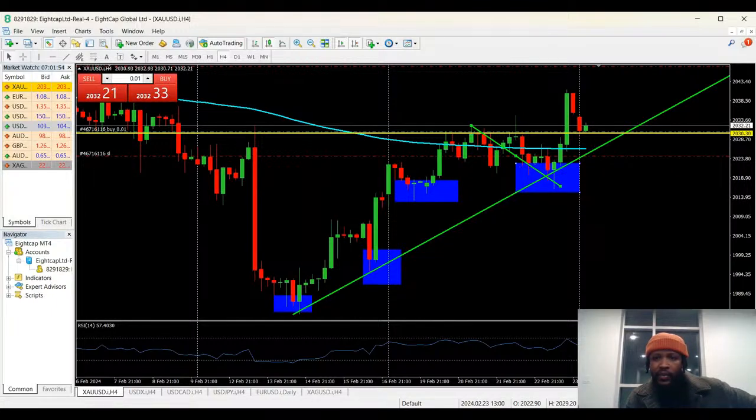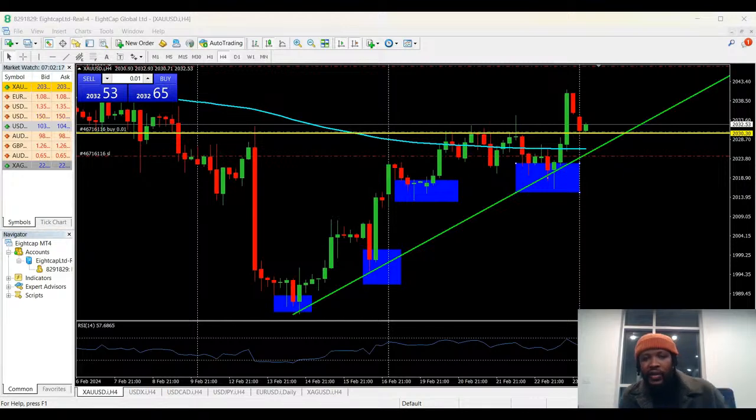But yet again, as long as gold stays above that 2029, 2030 area and doesn't go below, because as you guys can see, gold also went above the 200 moving average on the 4 hour, got the retest, and so on. All the confluences right now are telling us it is bullish, but yet again nothing is ever guaranteed in the market.